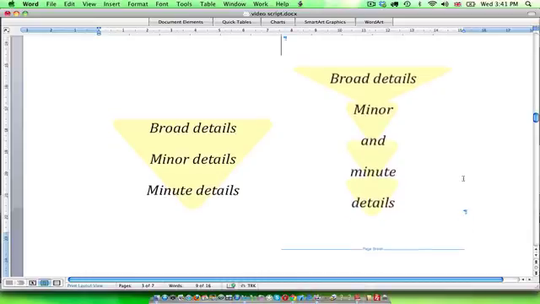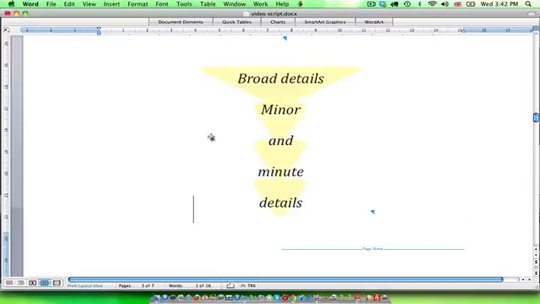So as I was saying, although many people might think you start talking broad and then you talk all about your minor details and then minute details, this method of describing your data source is not correct. What you want is to start by talking about the broad details that you are given and then move into the minor and minute details.